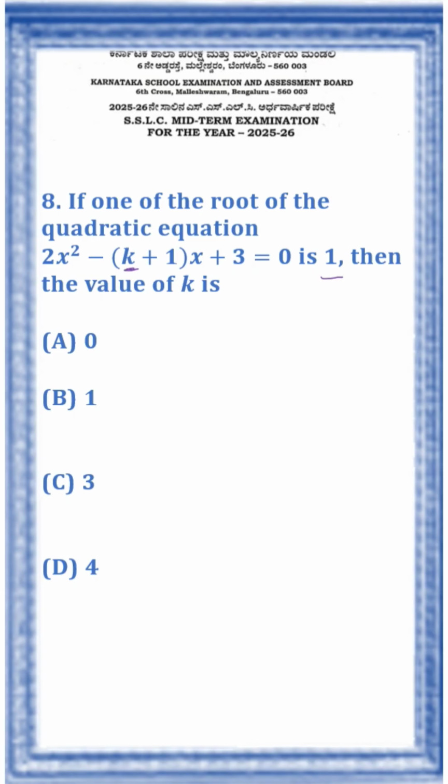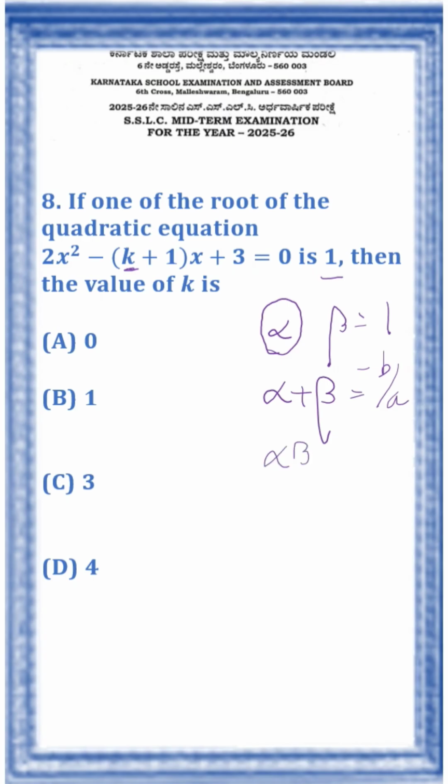Let one root of the equation be alpha, another be beta. Here one root is 1. Let beta is equal to 1. We have to find alpha. We know that alpha plus beta is equal to negative of b by a.